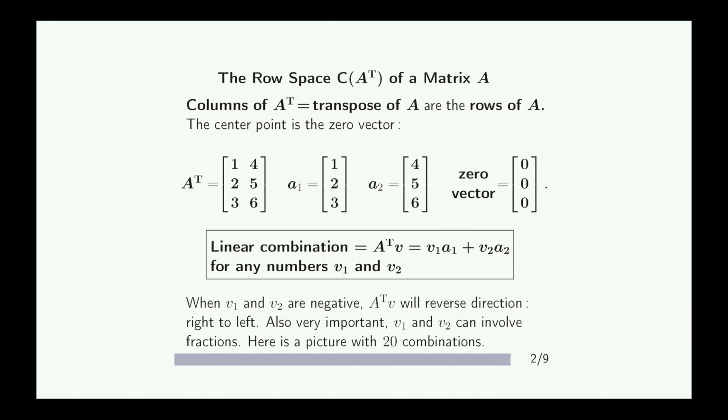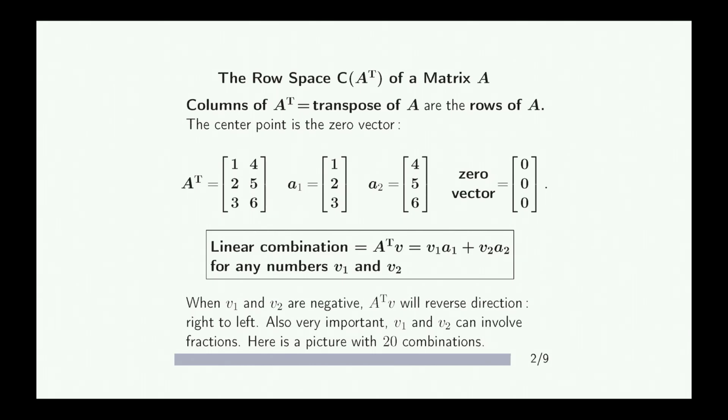That by itself would give me a line in another direction. But when I take all points on one line plus all points on the other line, I fill a plane, a 2-dimensional plane. I nearly said the whole space, but that's wrong. So the row space here is a 2-dimensional space, a plane, inside 3D.